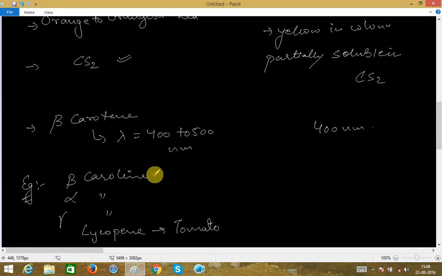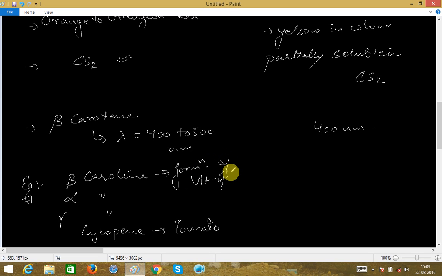One thing you should remember, beta carotene is very, very important. It is required in the human body, or even in case of the plant body, for the formation of vitamin A. Why? Because this beta carotene has got a ring which is called the ionone ring.